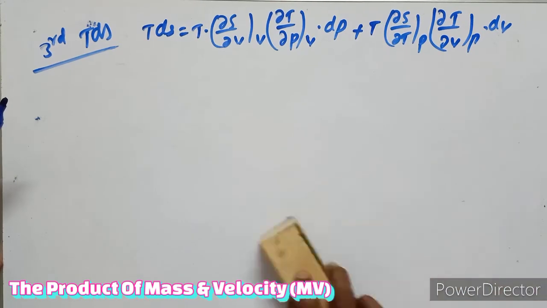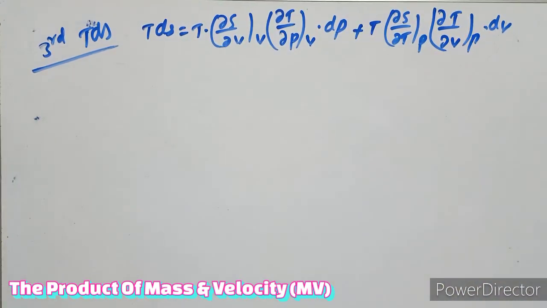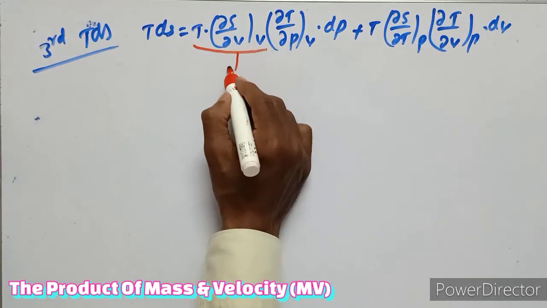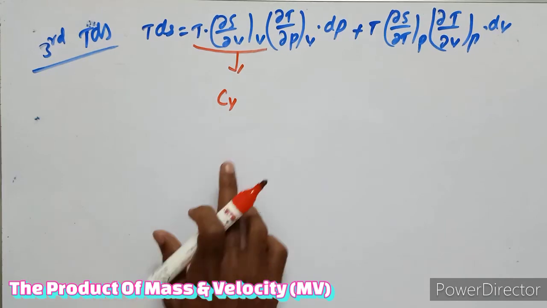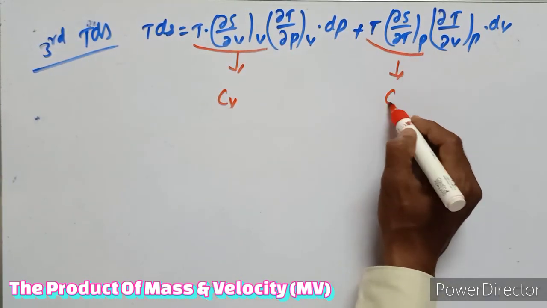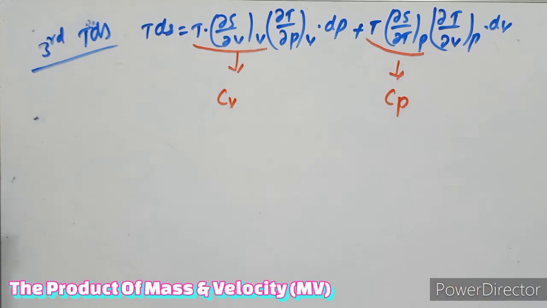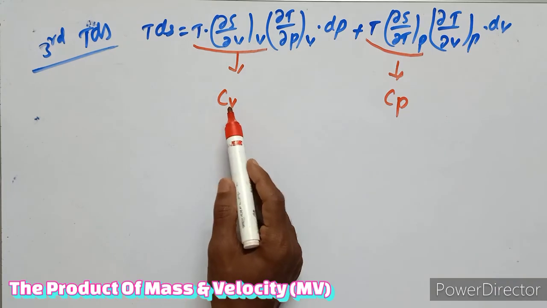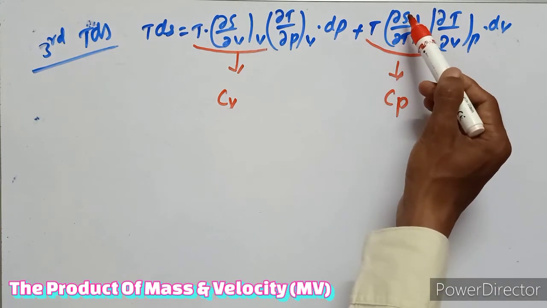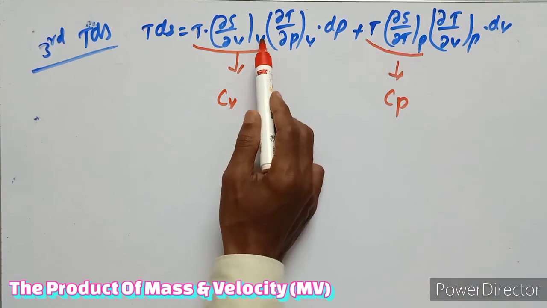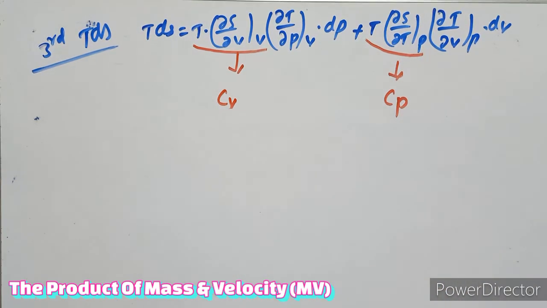As in the first and second Tds equations, T into change in entropy is the specific heat at volume and at pressure.